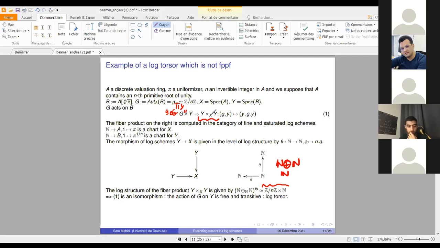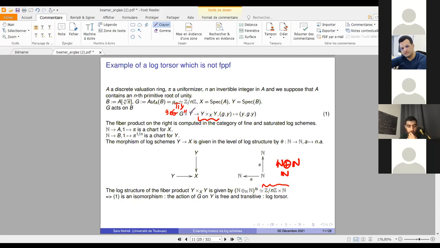So this will not be an isomorphism of log schemes. But taking the fiber product in the category of fine unsaturated log schemes gives me an isomorphism here. So the action of G over Y is free and transitive. But this is not a torsor in the classical definition.